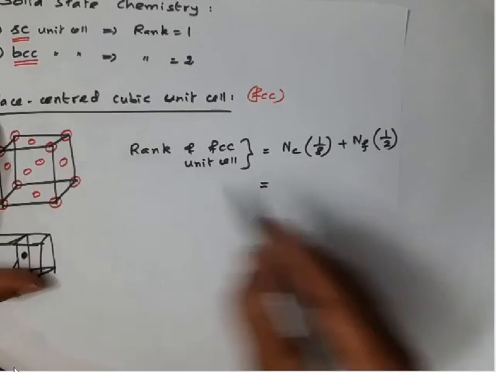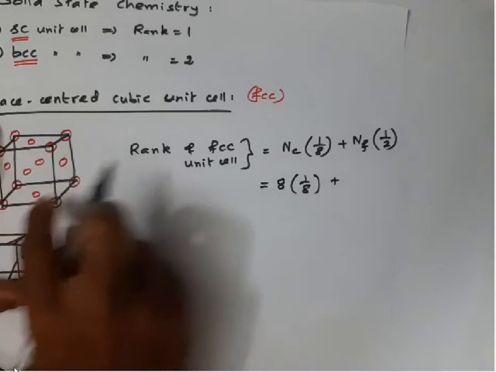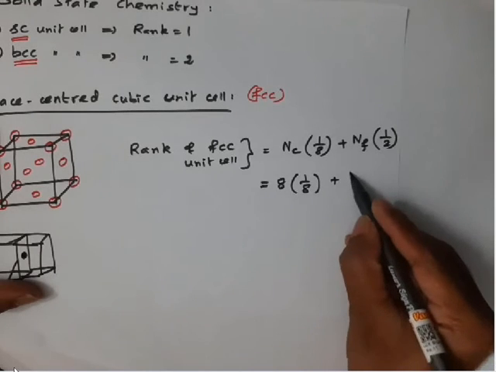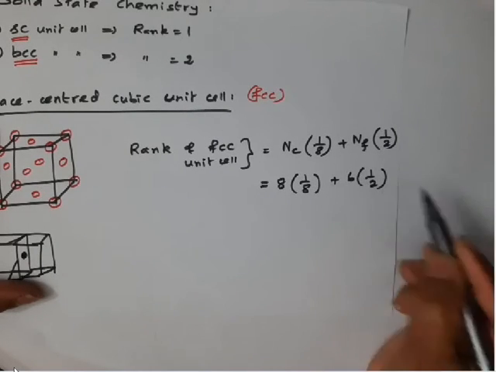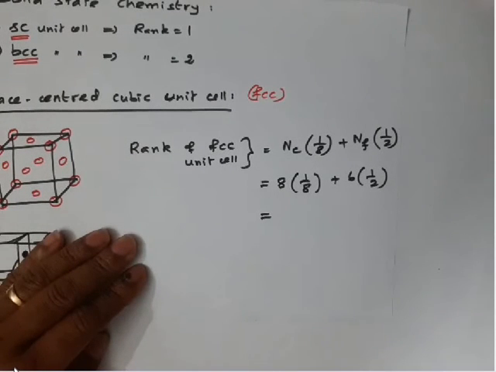So number of corner atoms, yes, we have 8 corner atoms into 1 by 8. And how many face center atoms are there? Students, how many face center atoms are there? Sir, 6 face center atoms. Very good. 6 into 1 by 2. What's the answer? 4, sir.